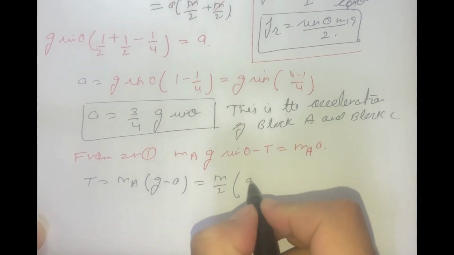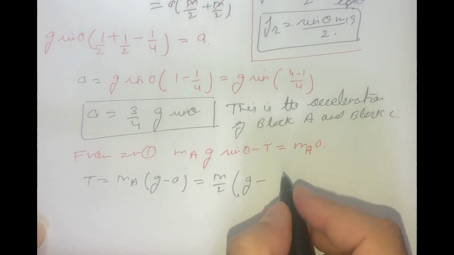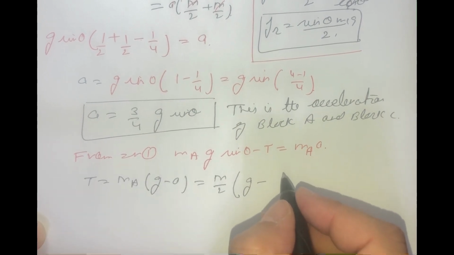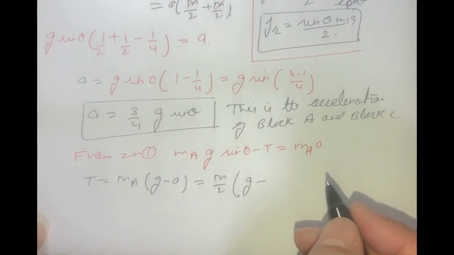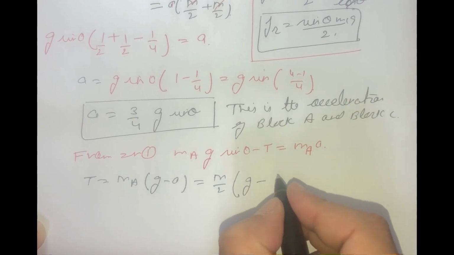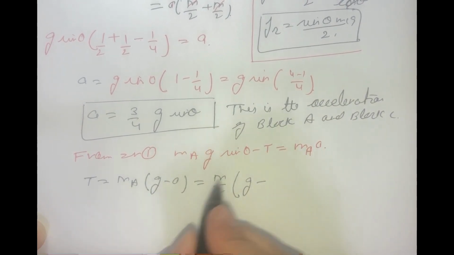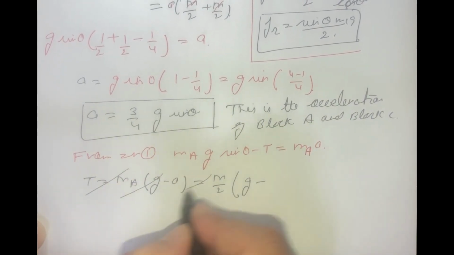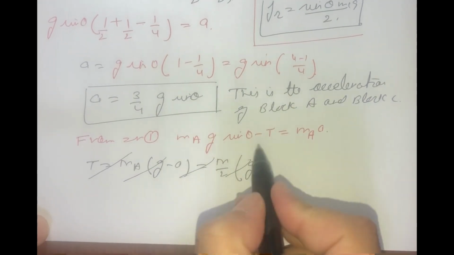This will be g sine of theta minus acceleration.